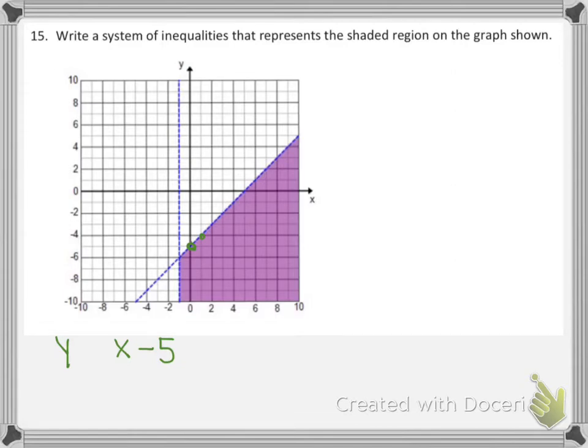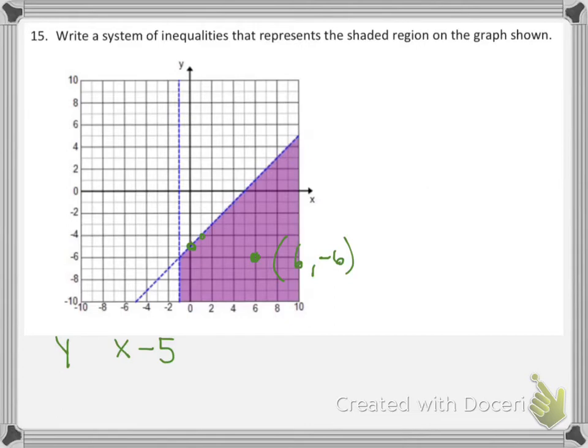Well, I'm going to choose a point that's in the shaded region. And it looks like I could go maybe 6, I don't know, let's just choose 6, -6. That's in the shaded region. 6, -6. X value 6, Y value -6.